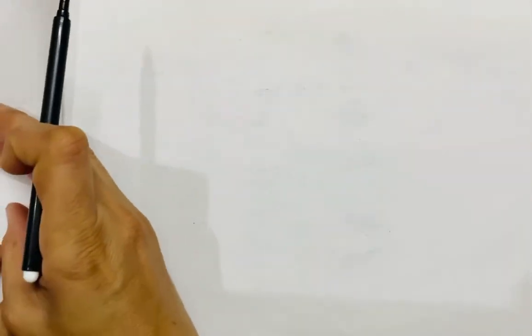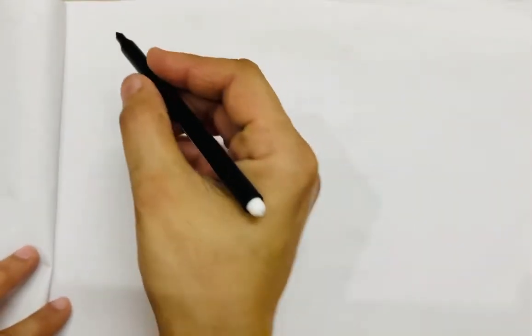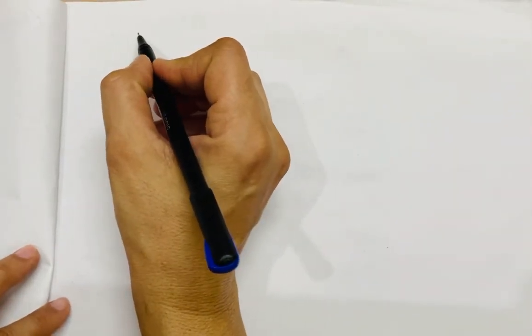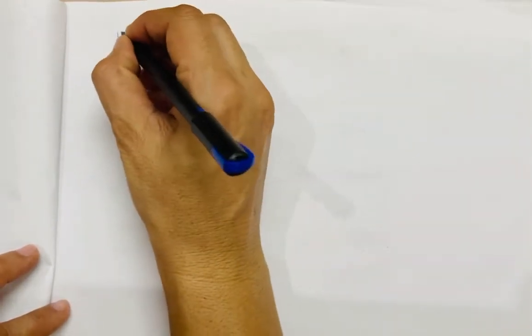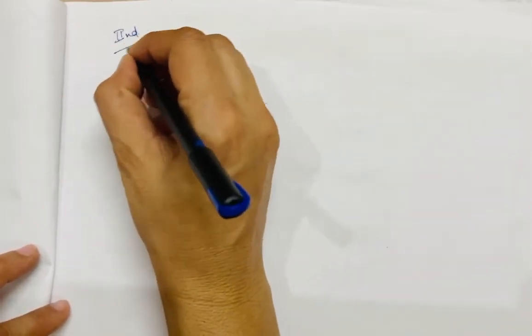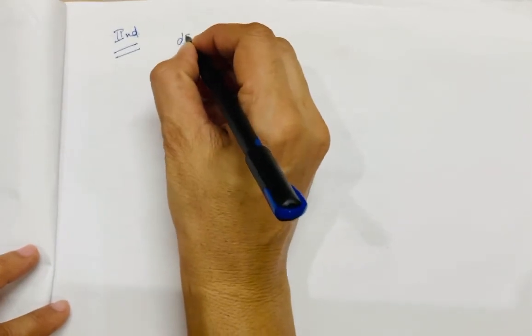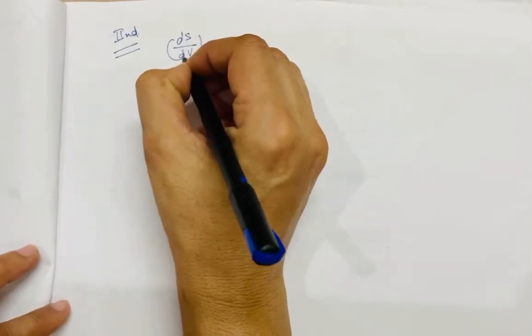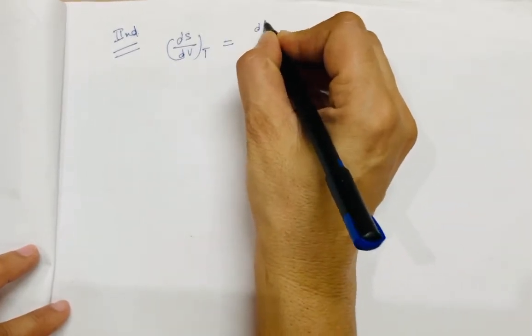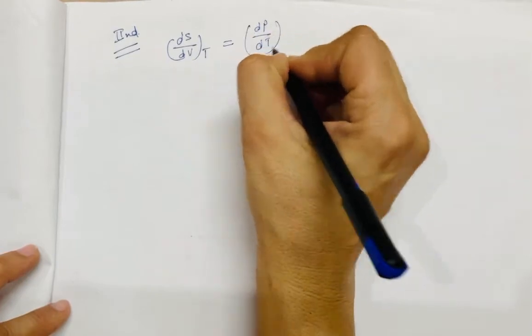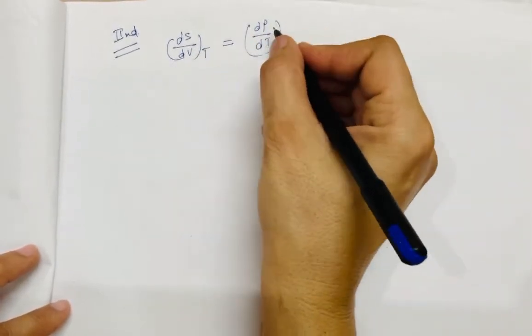So what are Maxwell's thermodynamic relations? We know them. Within those relations, one relation, Maxwell's second thermodynamic relation, is: the partial derivative of S with respect to V at constant temperature is equal to the partial derivative of P with respect to T at constant volume, that is (∂S/∂V)_T = (∂P/∂T)_V.